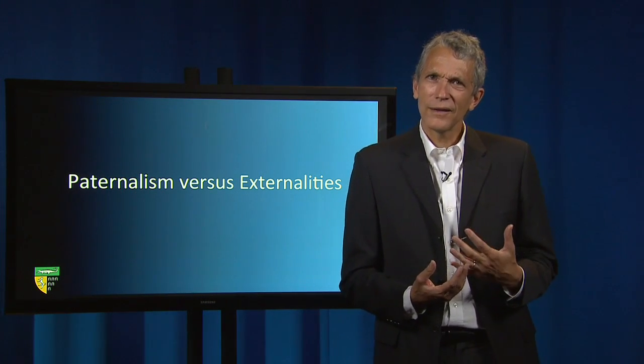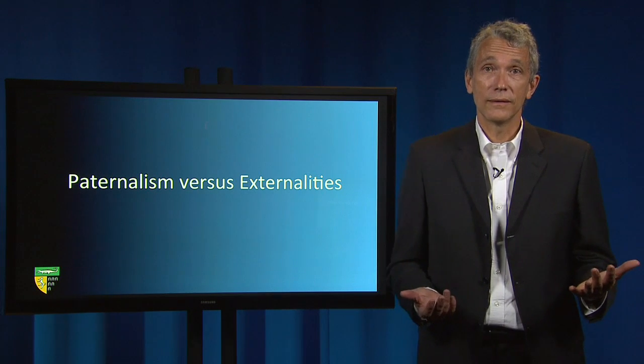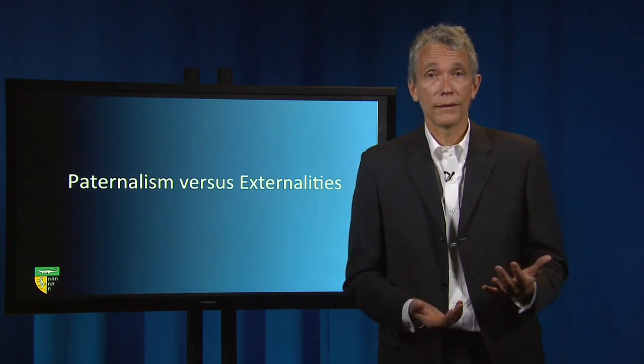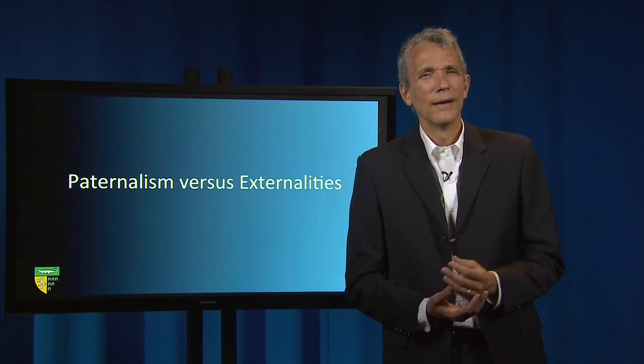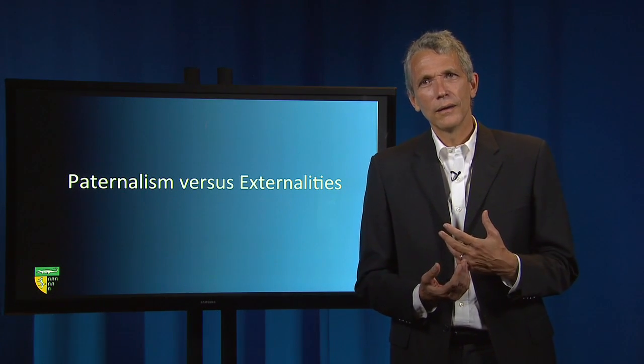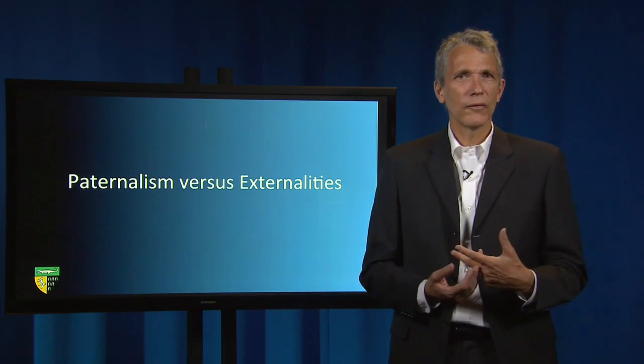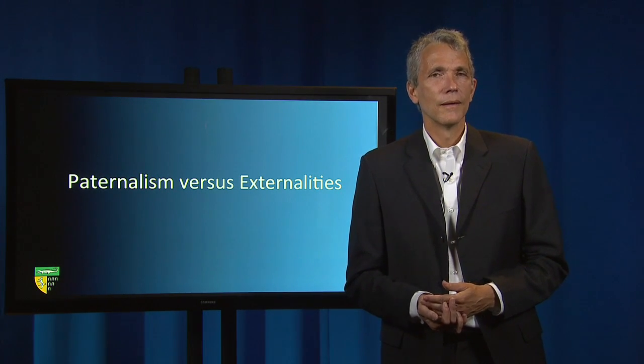The externality concern is the concern that third parties haven't had the opportunity to consent or withhold their consent to the transaction. The paternalism concern is the concern that one of the nominal parties to the contract does not have the capacity to provide informed consent.